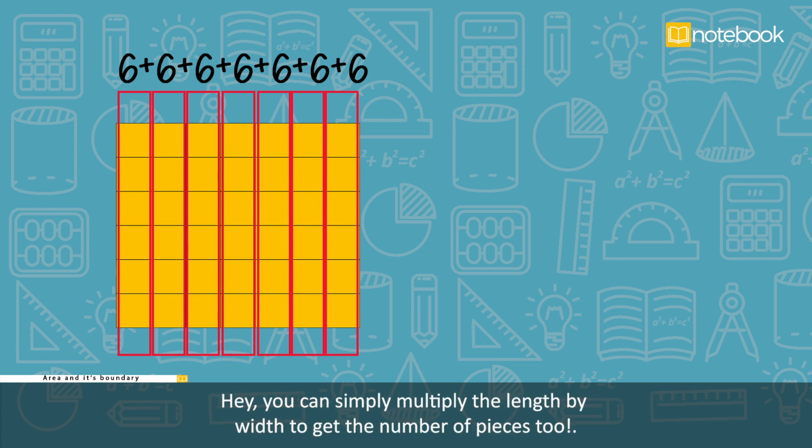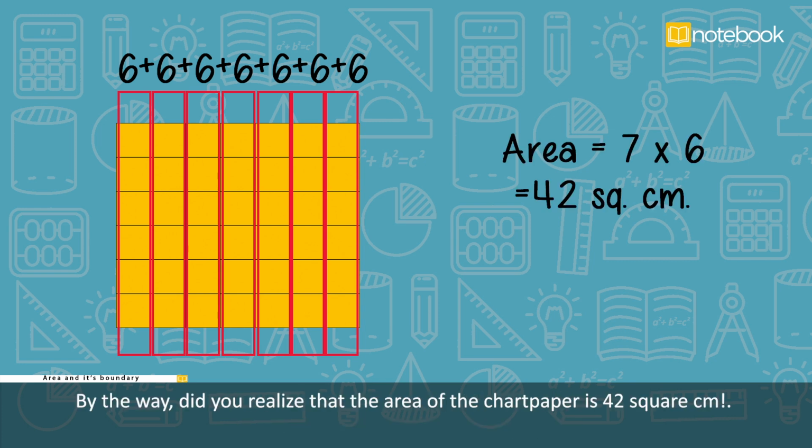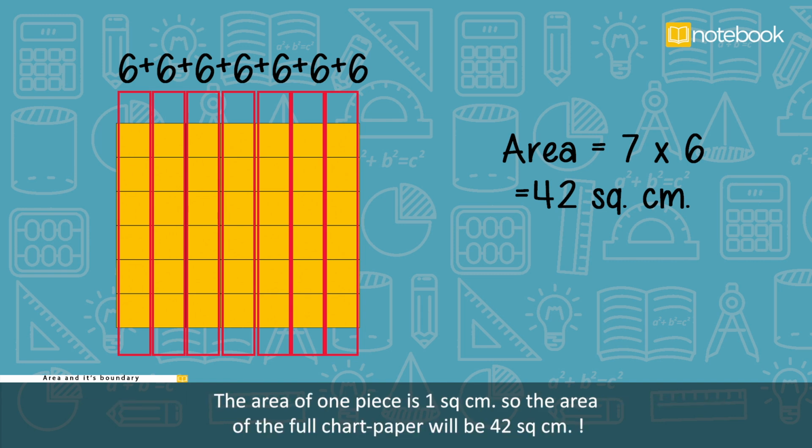Hey, you can simply multiply the length by width to get the number of pieces too. By the way, did you realize that the area of the chart paper is 42 square centimeter? The area of one piece is 1 square centimeter. So the area of the full chart paper will be 42 square centimeters.